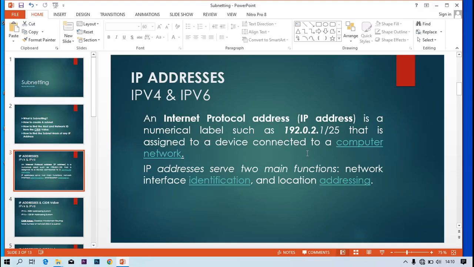All those devices will have a unique numerical label assigned to them. IP addresses basically serve two main functions: they are used for network identification and also location addressing.